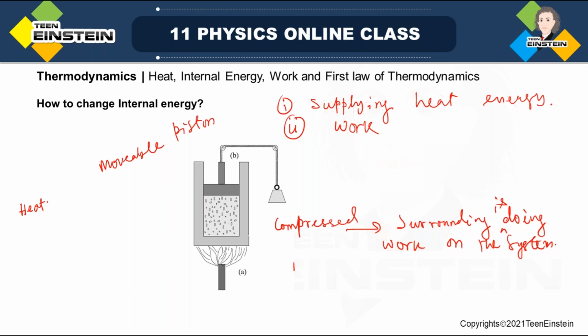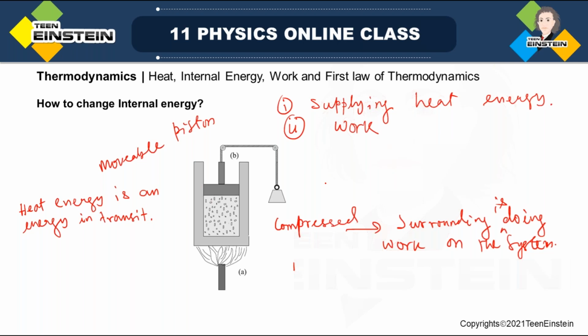Heat energy is energy in transit. So it can only transfer from one body to another, hotter body to colder. So you can understand the difference between heat energy and internal energy.